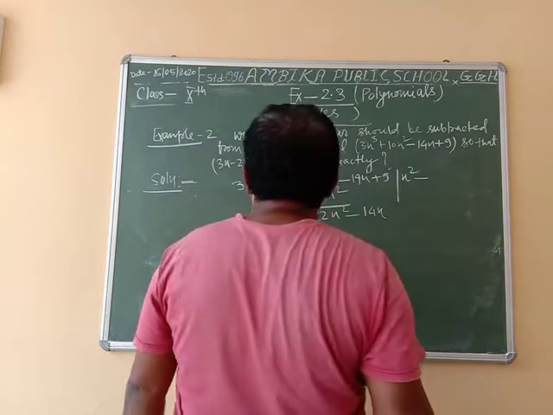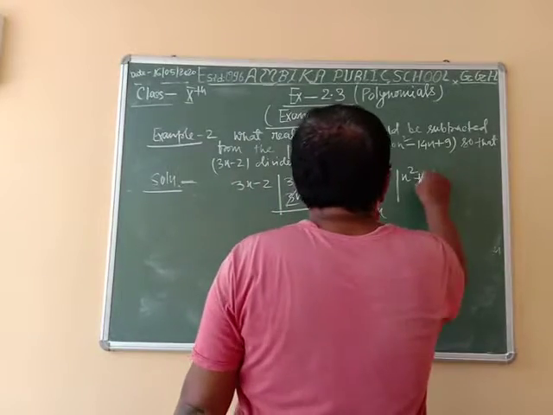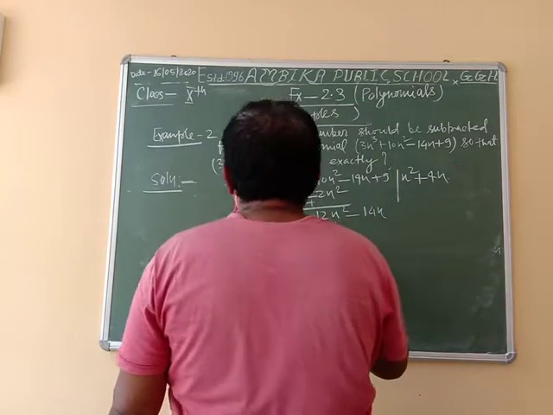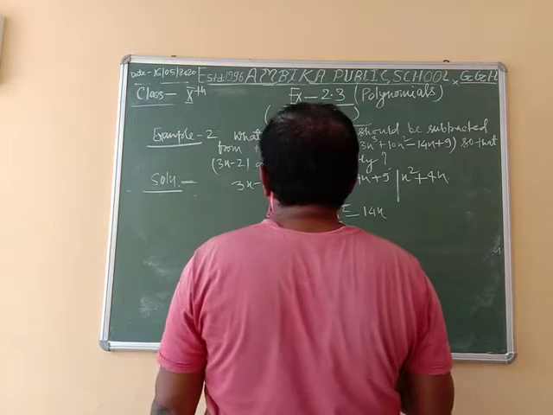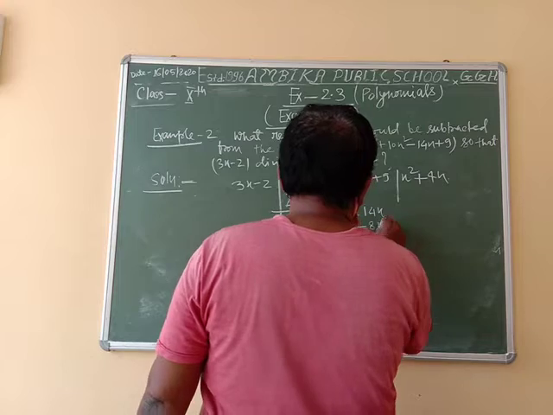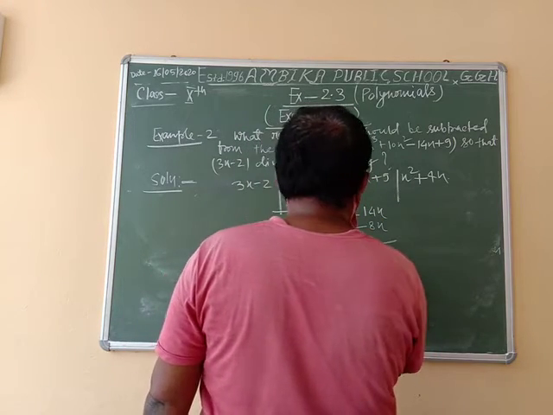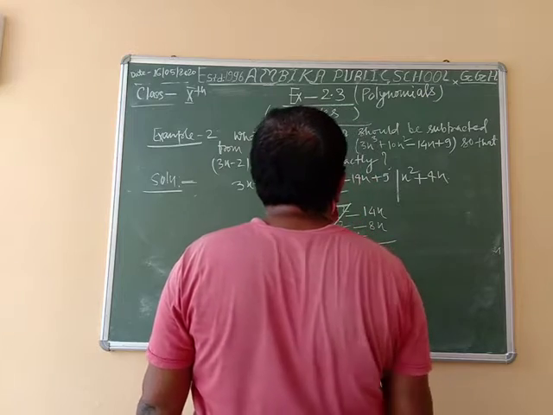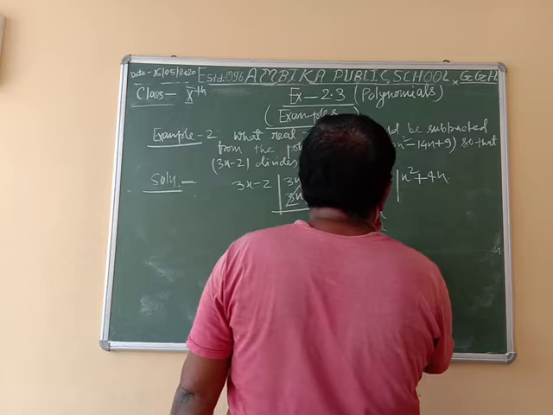If we multiply 3x by 4x, we get 12x square minus 8x. Again subtracting, remainder is minus 6x, and we write plus 9.